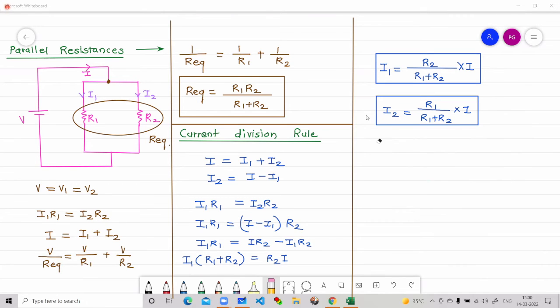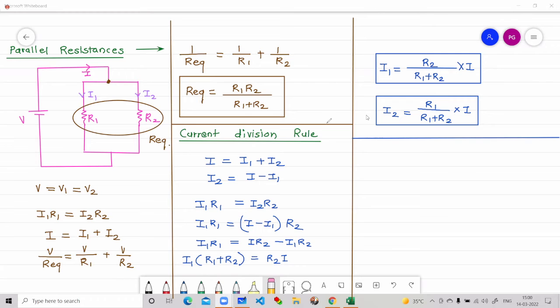Let me save this. I can start the numerical on this side only, that is better. The continuation will be there. So I'll give you one numerical. It is your choice how you solve it. It is just DC, so you can go by Ohm's law, you can go by division of current, division of voltage, whatever you want.